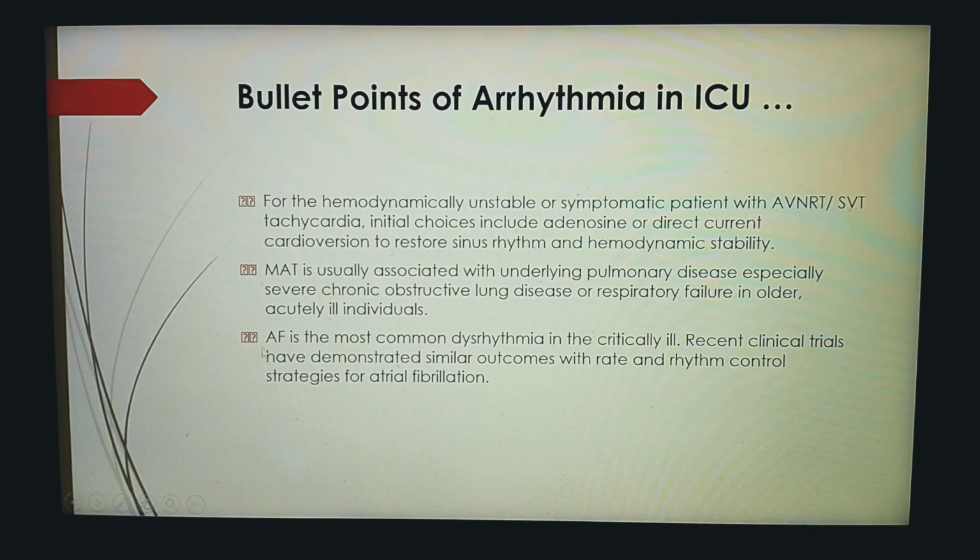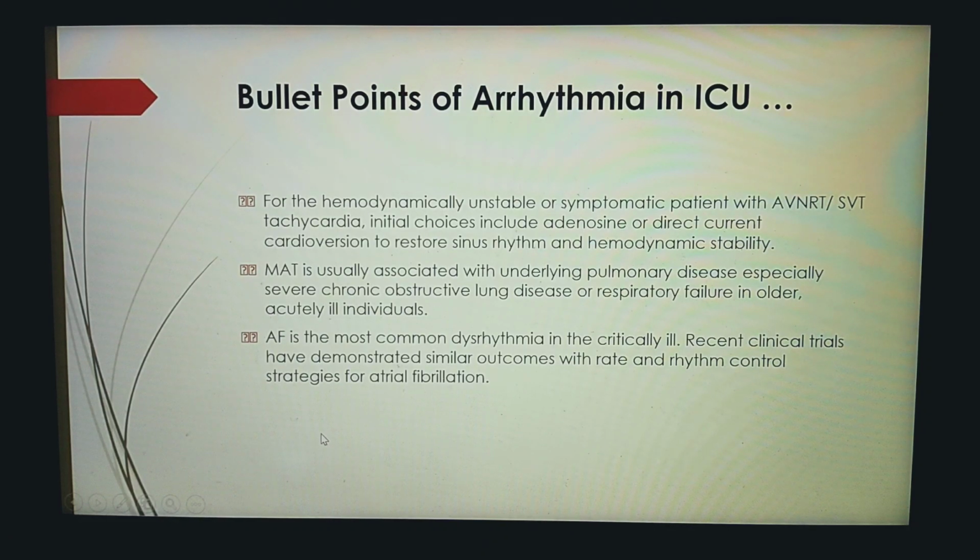So first of all, we should check for the etiology or any risk factor behind the atrial fibrillation. Then we should go for rate or rhythm control and anticoagulation, and ultimately, if the rhythm problem is greater than the rate problem, then we should go for chemical cardioversion.